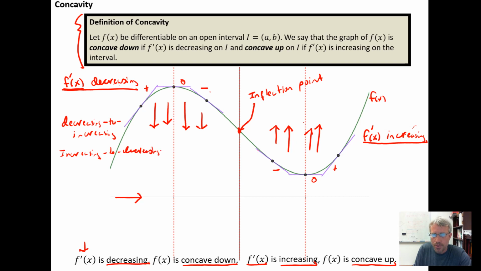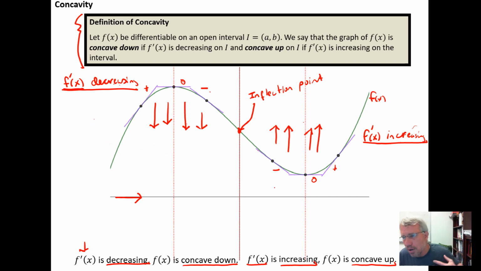One of those things is going to happen as you change from concave up to concave down, or from concave down to concave up. So the inflection point is going to identify the place where the concavity of the graph changes. And so the question is, how do you find that point?